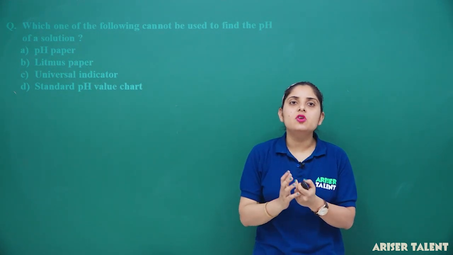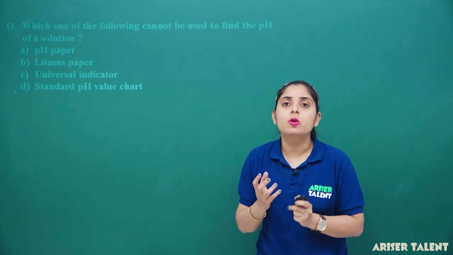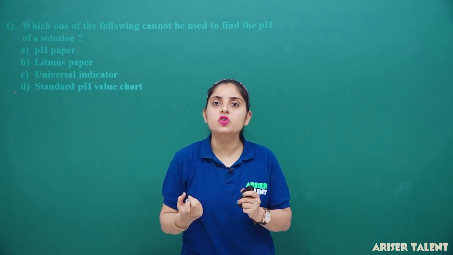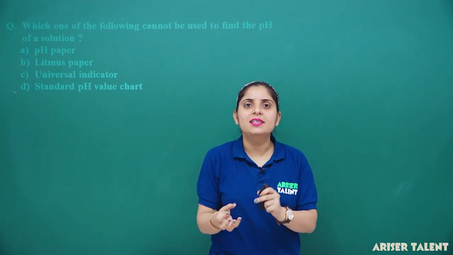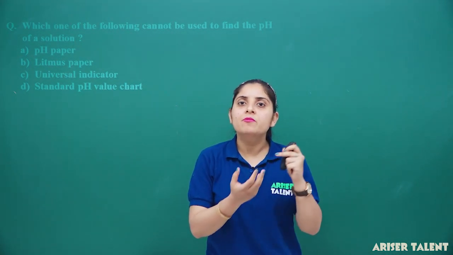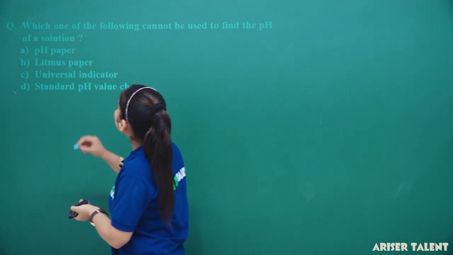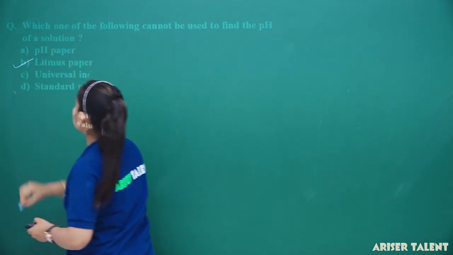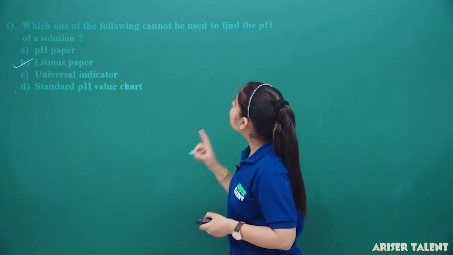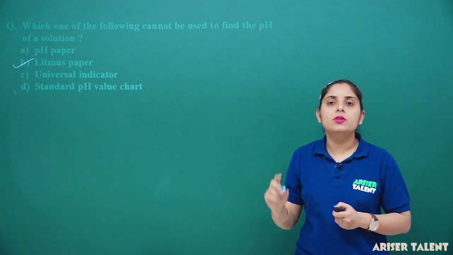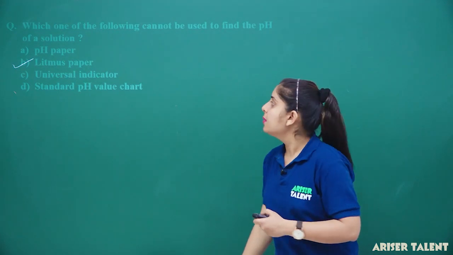So among all these options, litmus paper cannot be used to determine the pH of the solution. It only indicates the color change to identify which substance is an acid and which substance will act as a base. So here the correct option is litmus paper. Litmus paper cannot be used to find out the pH of a solution.